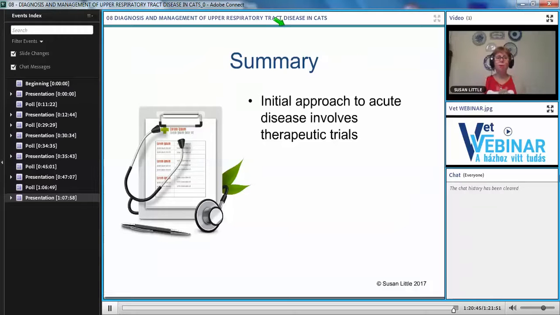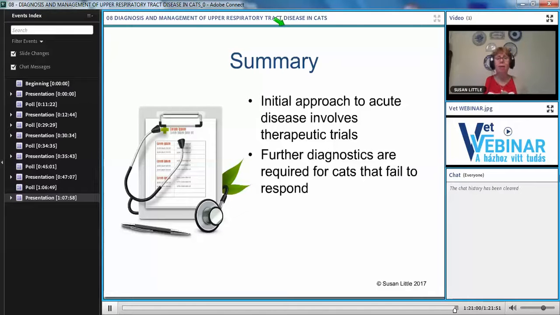Okay, so in summary, remember our initial approach to the acute disease is not likely going to be focused on diagnostics. It's more likely to be focused on therapeutics. And we'll pull out the diagnostics for the cats that fail the acute treatment and have disease for 10 days or longer.